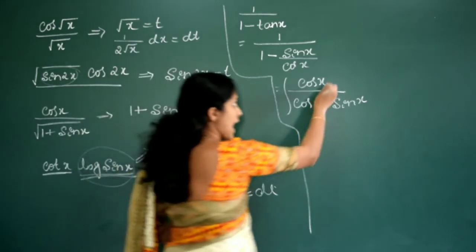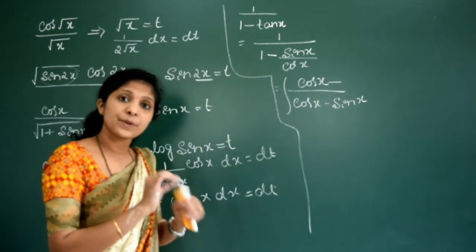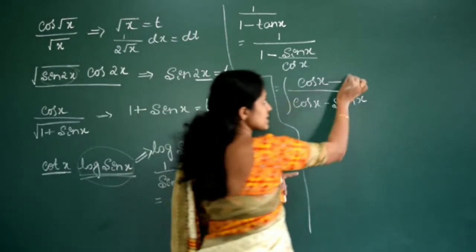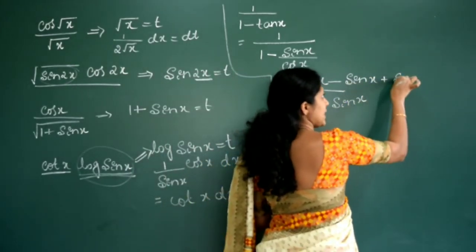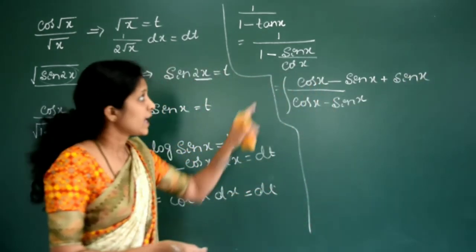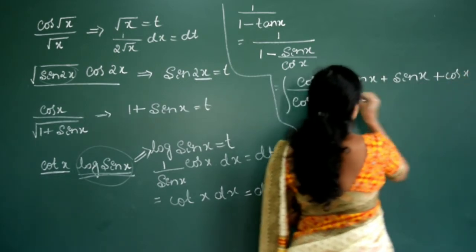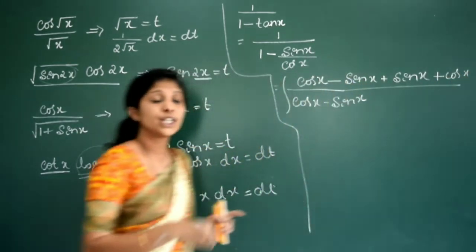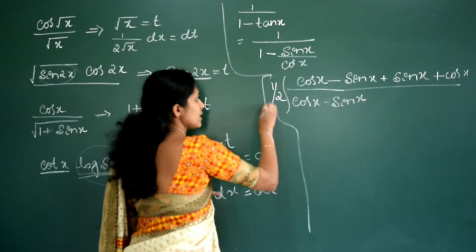We added and subtracted sin x, right? So cos x minus sin x plus sin x, right? We did this one. Cos x minus sin x plus sin x. Again cos x, one more I'll add cos x. So that cos x plus cos x will be 2 cos x. We need to divide by 2. So this is 1 by 2, right? Similar one we have solved.